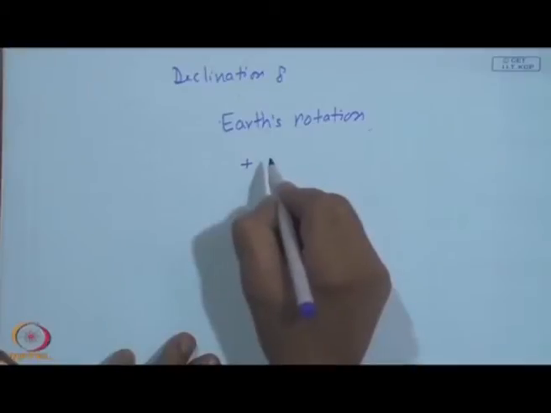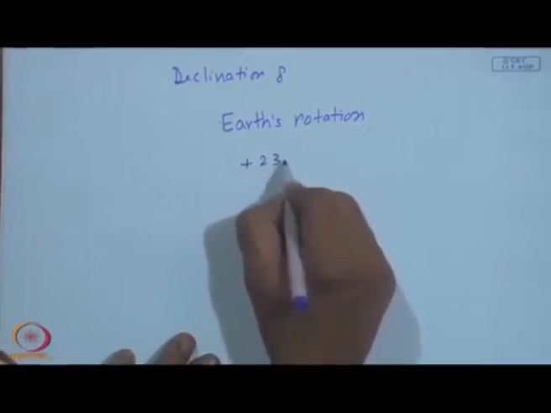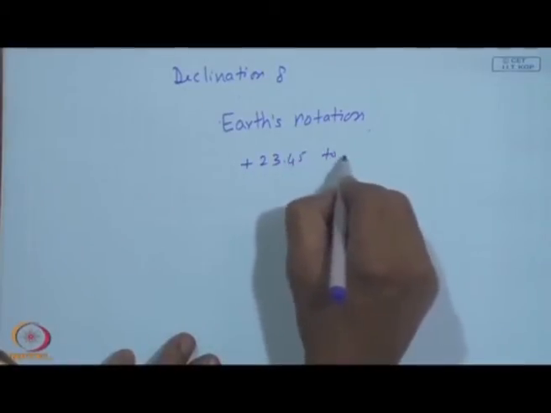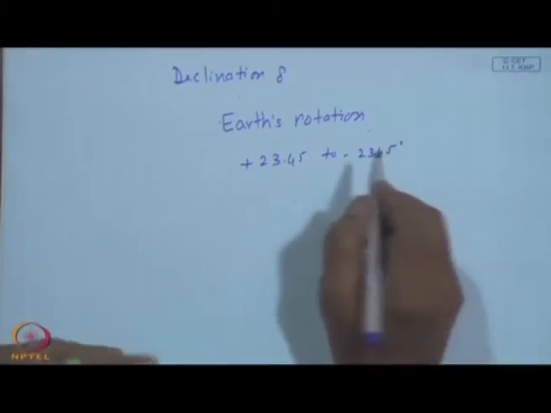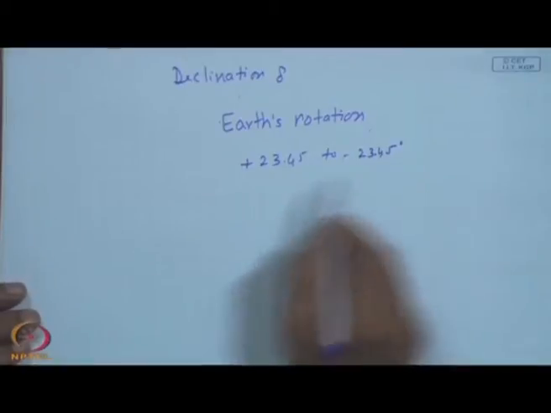The plane of rotation and the equatorial plane are not the same. The axis over which the earth is rotating is tilted with respect to the north-south axis. That will be varying because the earth is going through an elliptic path, from plus 23.45 to minus 23.45 degrees.